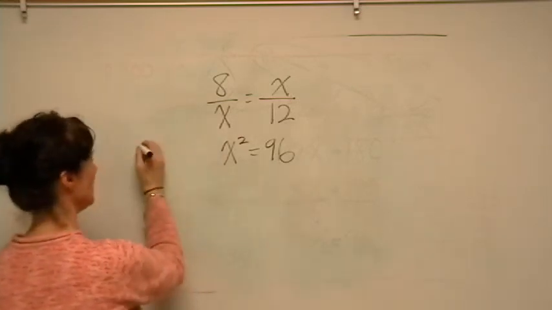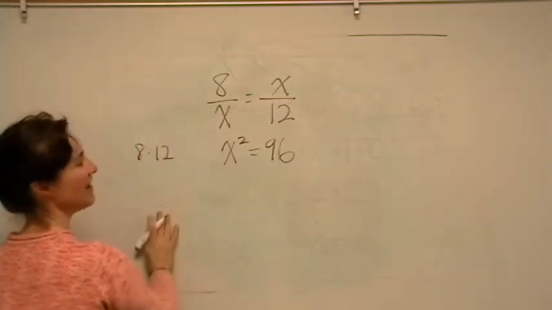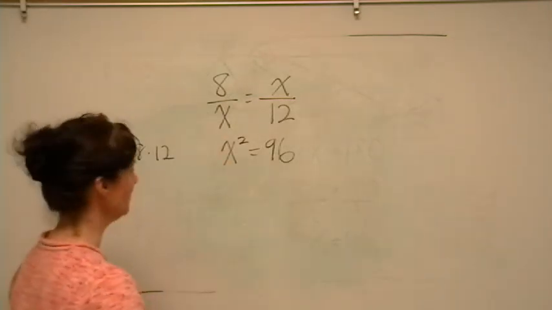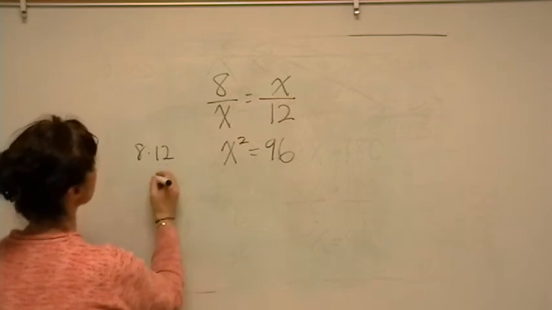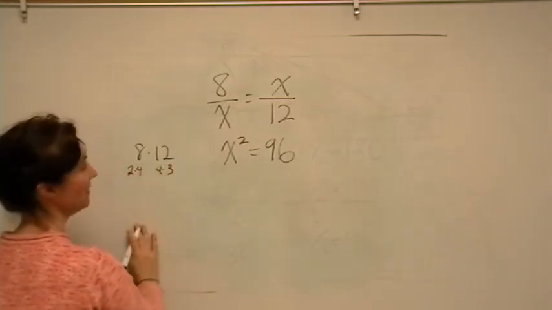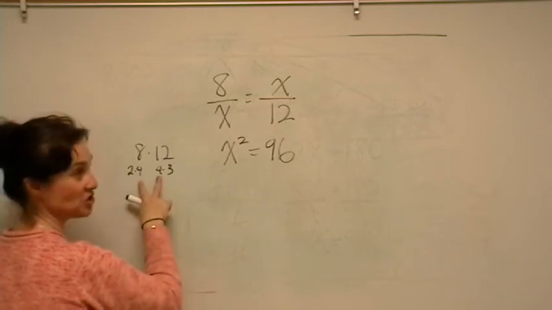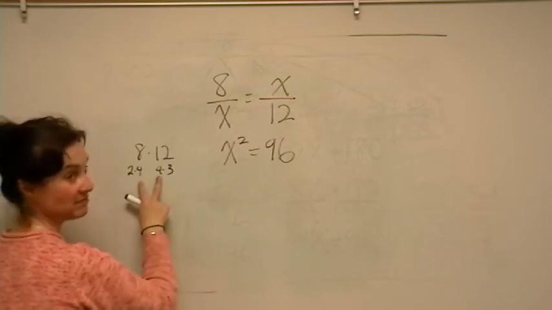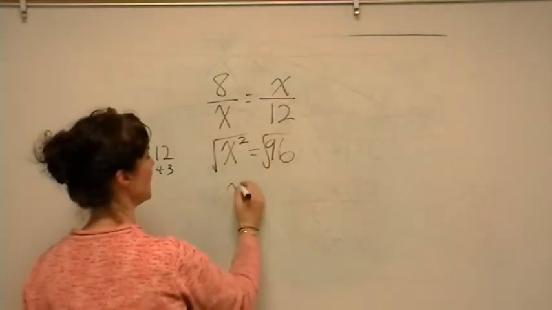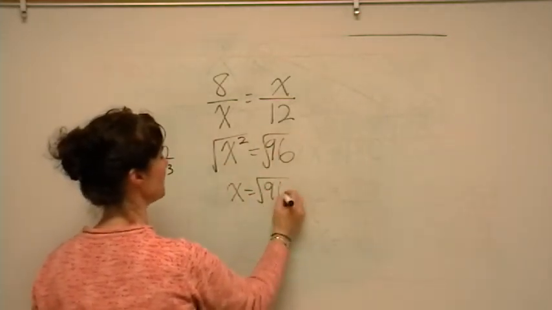Now, one of the things you can keep in mind is that you already have 8 and 12 kind of factored out because you multiplied 8 and 12 to get that, right? All right, so we have 4 and 2 here, and we have a 3 and a 4 here. All right, so look at this. We have 2 4s within these numbers. So we're going to take the square root of both sides. We get x equals the square root of 96.